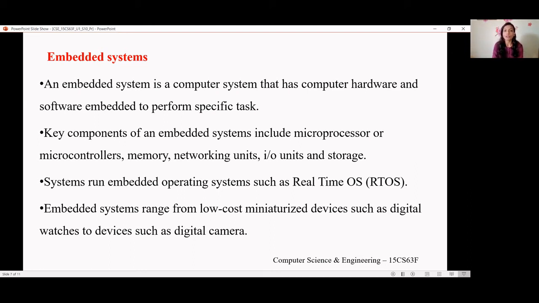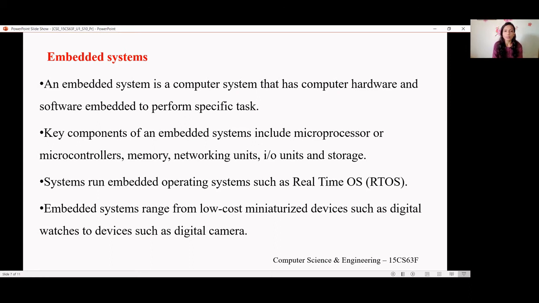The key component of an embedded system is a microprocessor or microcontroller on which they program, then memory, networking units, IO units, and storage.